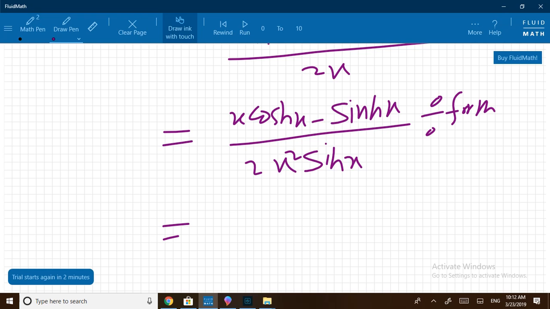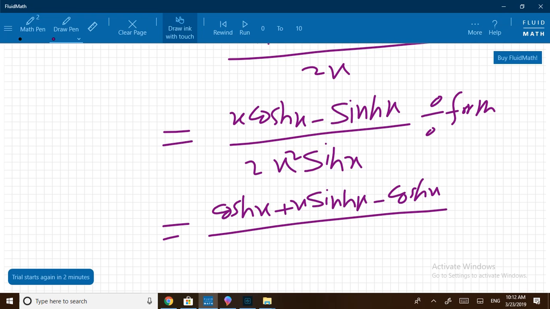The derivative of x is 1, cos hyperbolic x plus x sine hyperbolic x minus cos hyperbolic x, over 4x sine hyperbolic x plus 2x square cos hyperbolic x.